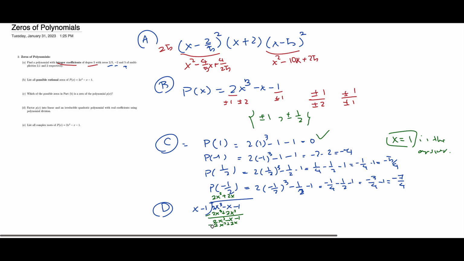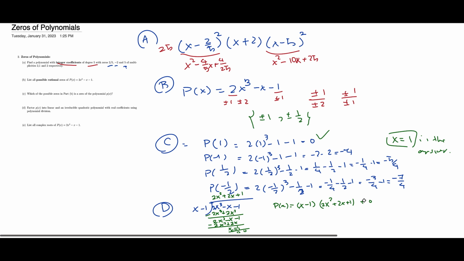Change the sign, and you end up with x minus 1, so plus 1 in here, and then subtract to be 0. So now I can tell that p of x is going to be x minus 1 times 2x squared plus 2x plus 1. And the remainder is 0, so I don't need to put that in.